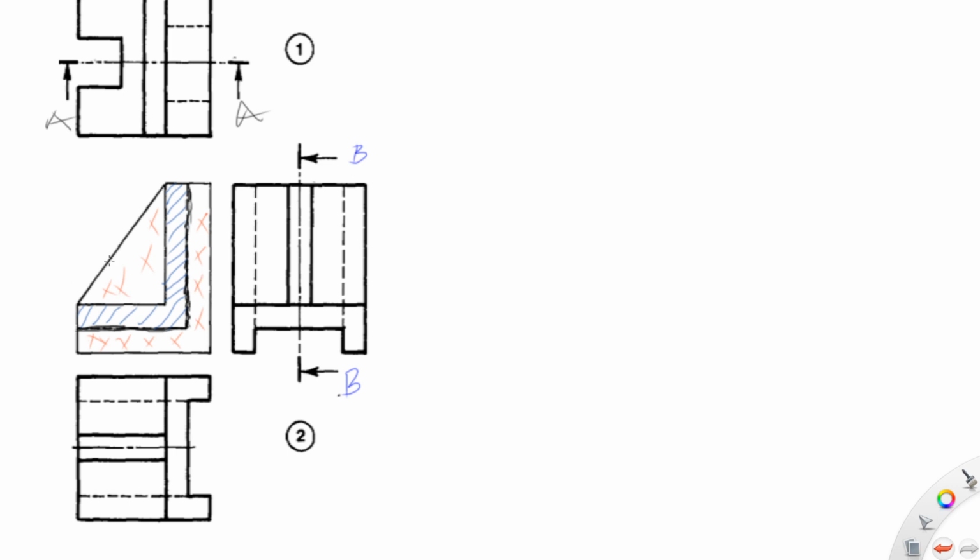So here we will not hatch, and here we will not hatch this area at all, but you only hatch the area where we have material. The web, we don't hatch the web or rib. Let's note that. All right, let's go to the next one.